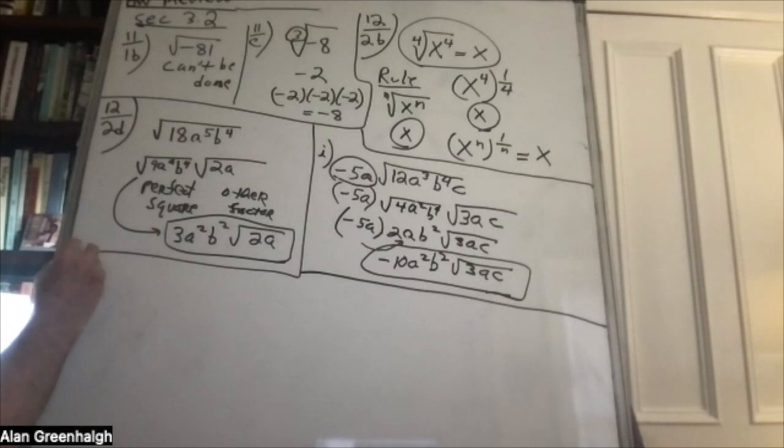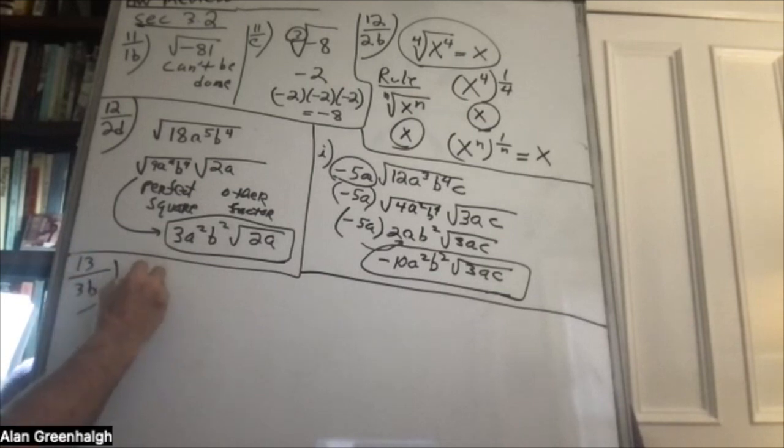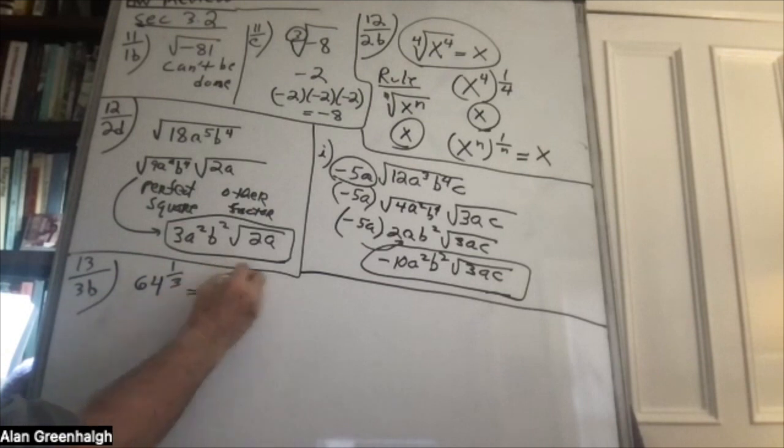So page 13, problem 3B, 64 to the 1/3. And that's similar to writing it this way: the third root of 64.